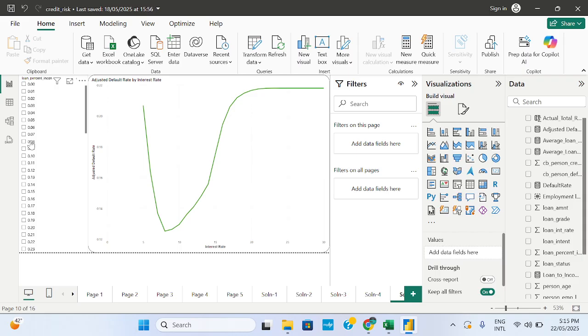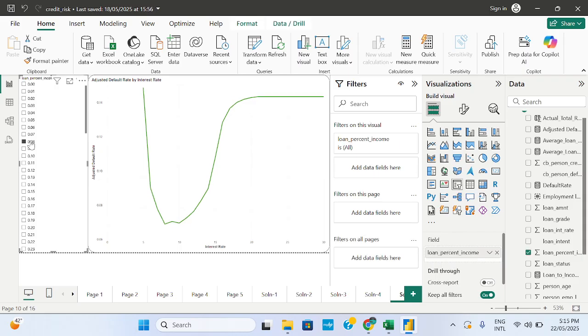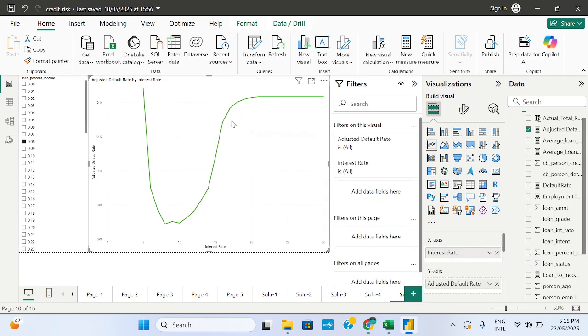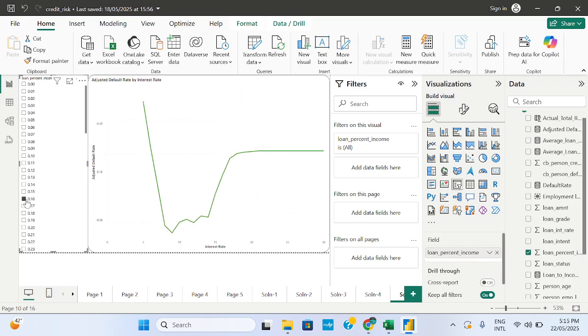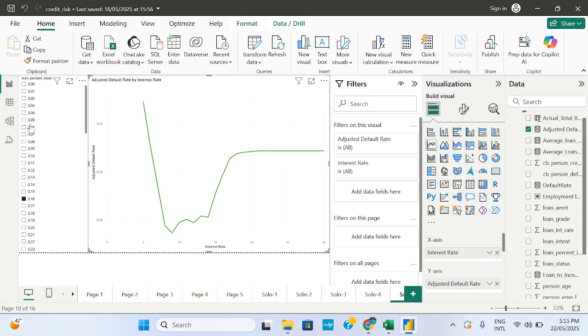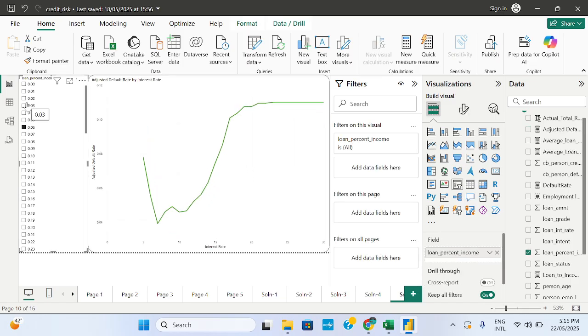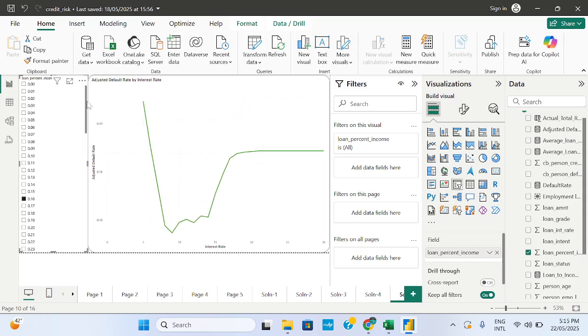If you just press 0.08, it will give you a decline at first, then an increase, then it stabilizes after the 17th to the 30th. You can see a stabilizing, which is evident in most of the analysis. Yes, a 17 to 30 interest rate gives a more stabilized manner.